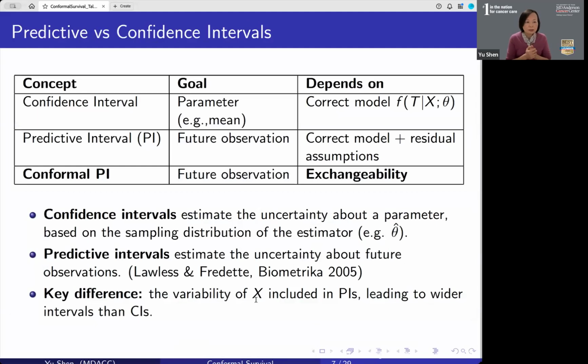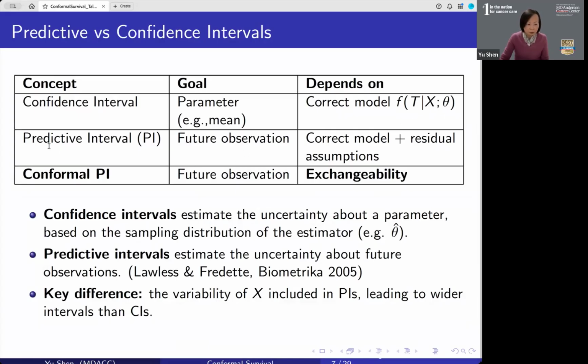Let me use this table to summarize what I just described briefly on the previous page. We're all very familiar with confidence interval, which typically estimates an unknown parameter, but we do need the correct model specification.